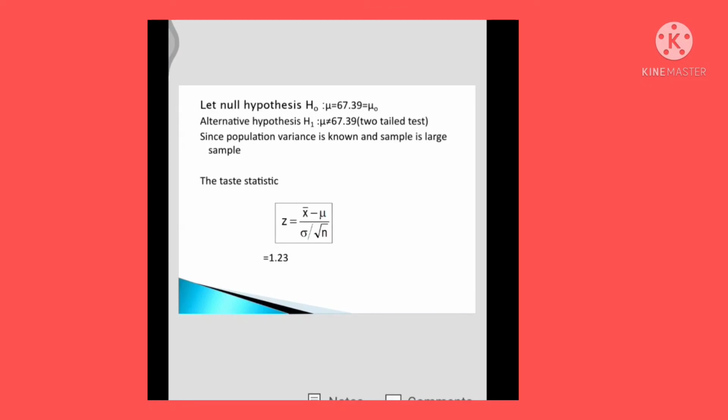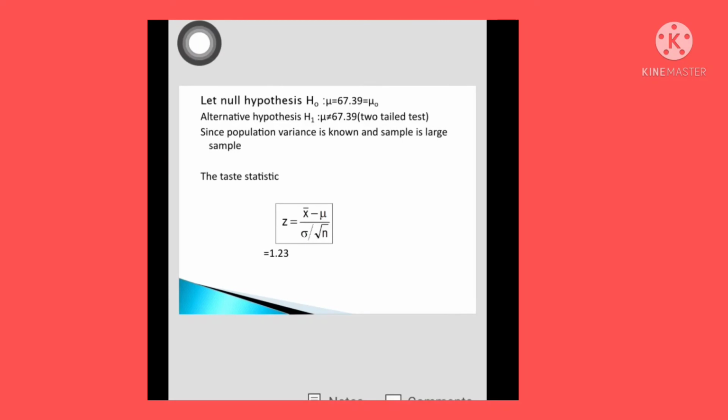Since the population standard deviation is known and the sample is large, the test statistic Z is equal to x bar minus mu naught by sigma by under root n. Let's apply this to the formula.